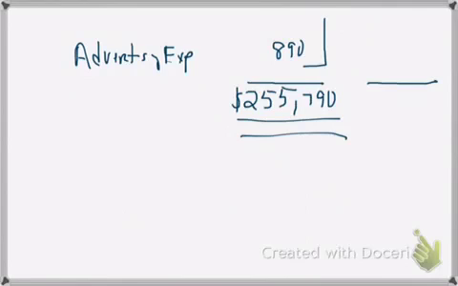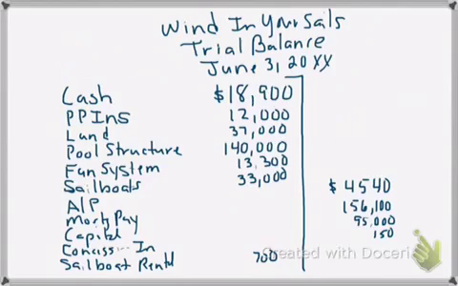Now you notice when I end, I am with a dollar sign and a double underline. The next step to doing this is I would have to go in and add up all of the credit balances. So I have $4,540, $156,100, $95,000, and $150.